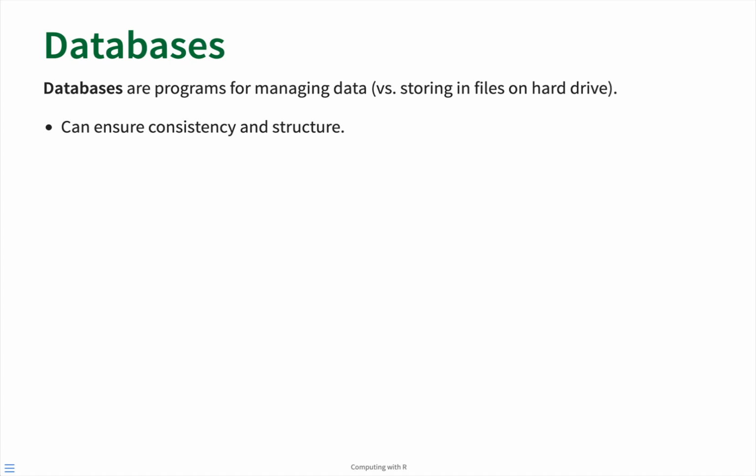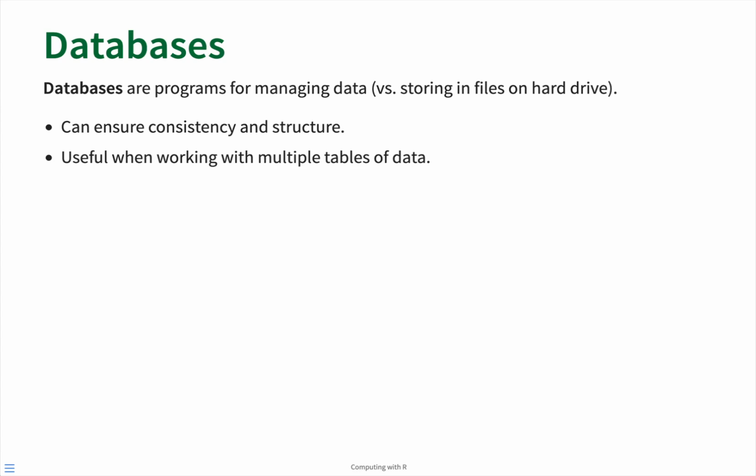So for example, if you want a column of data to always contain character strings, a database can ensure that's the case. Whereas if you have a CSV file, then in theory, anyone could go in and edit that CSV file and put a number, for example, in a column that's supposed to only contain character strings.